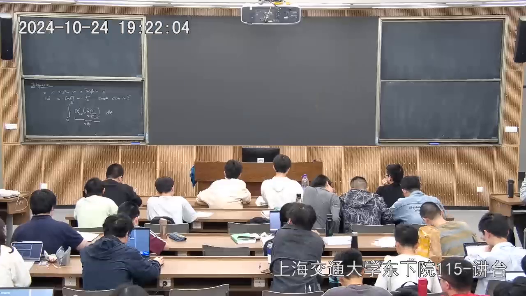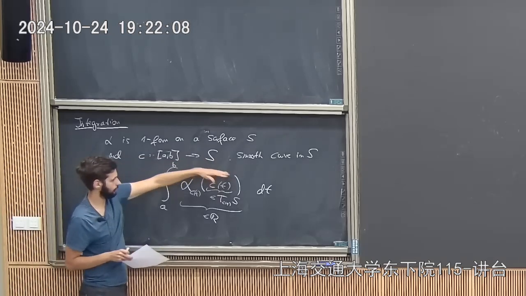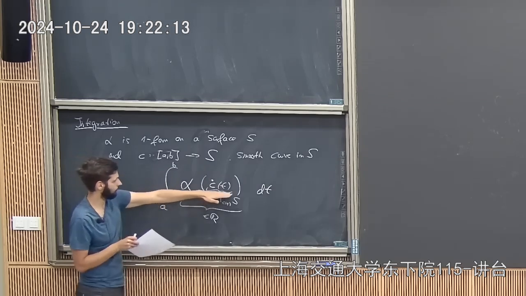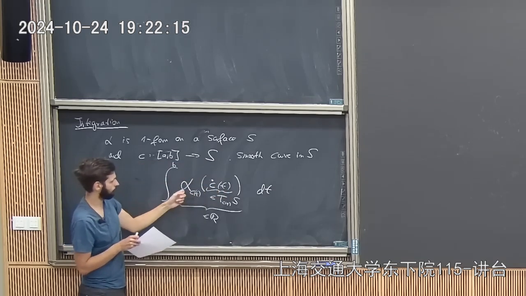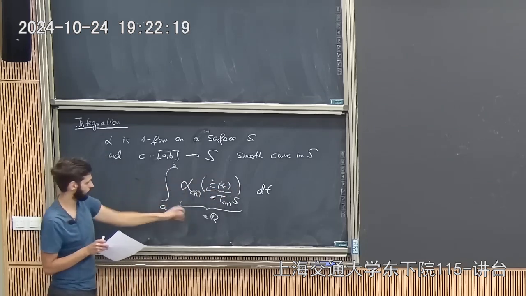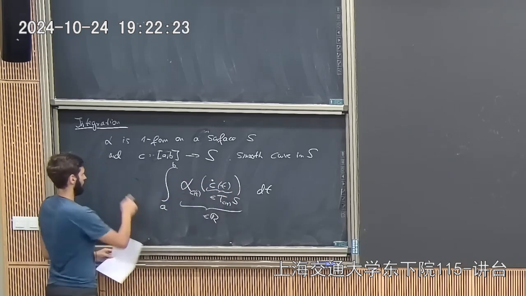So in some way you can think of this term here as the measurement of the tangent vector. You measure some property of the tangent vector with this one form alpha. And then you get a number for every instant of time t, and then you just integrate all of that.